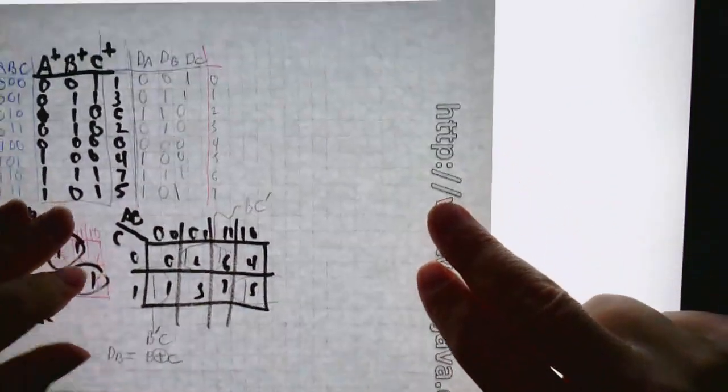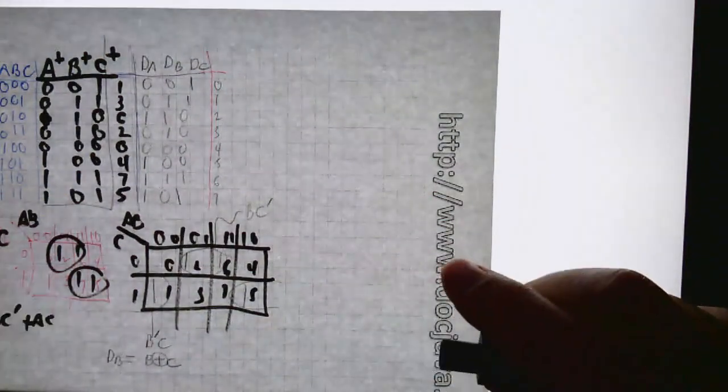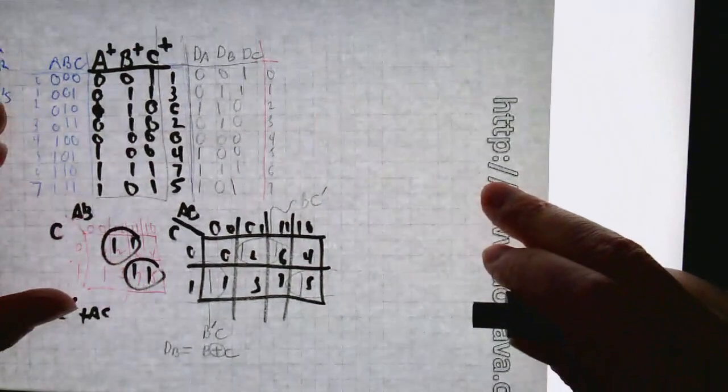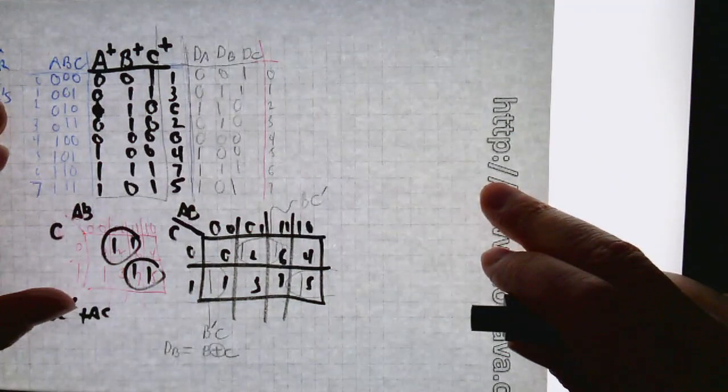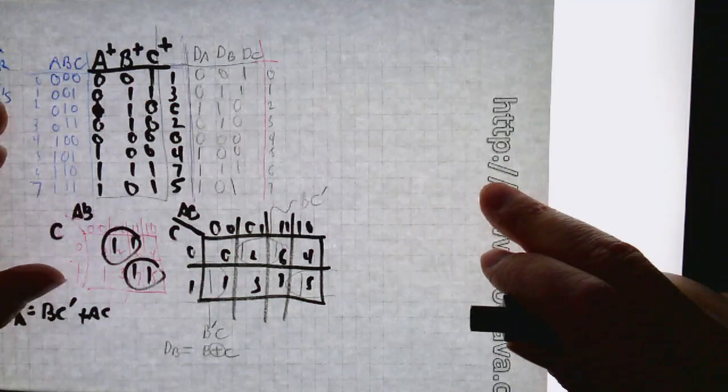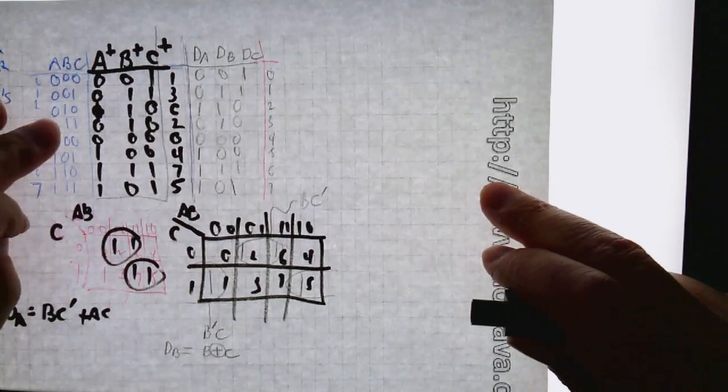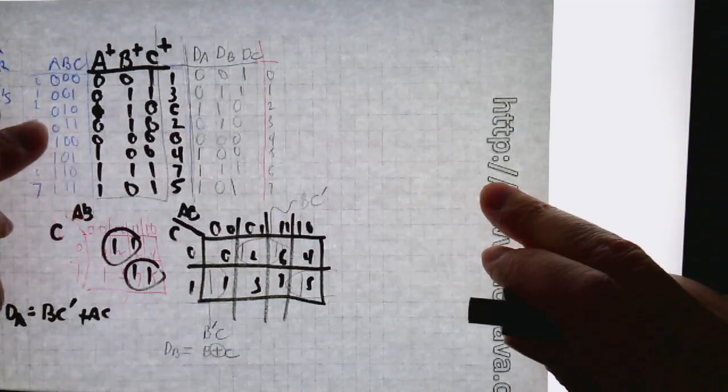And we got one more K-map to do. Although, I wonder if there was some trivial thing we could write here for D sub C. I guess not. Well, wait a minute. Is it B prime? No, maybe not.